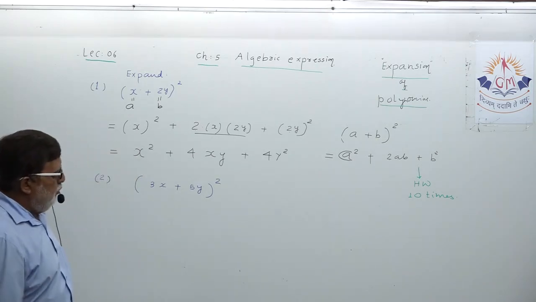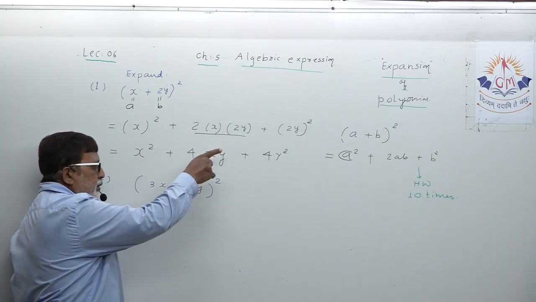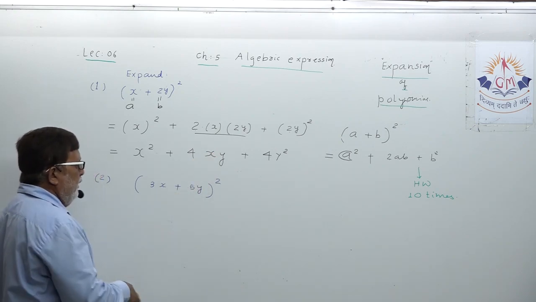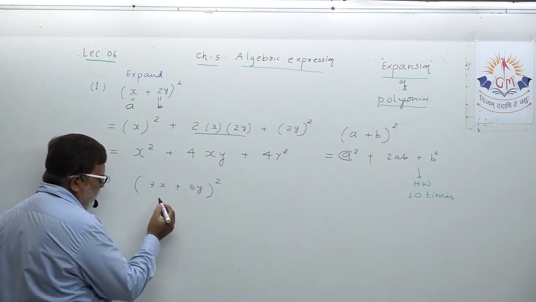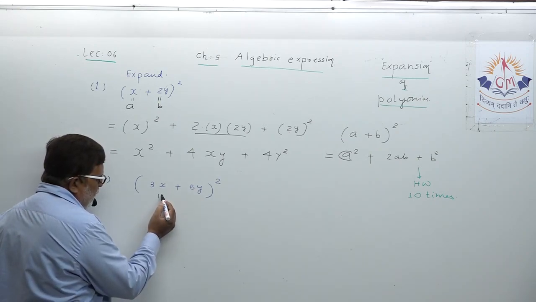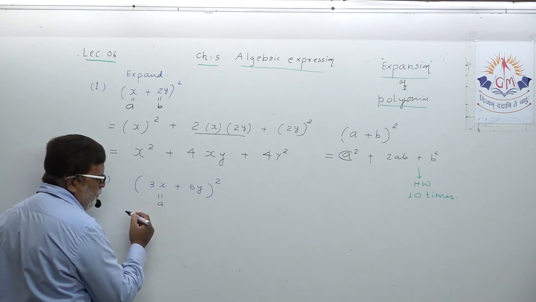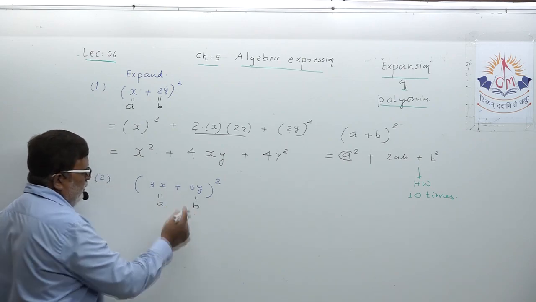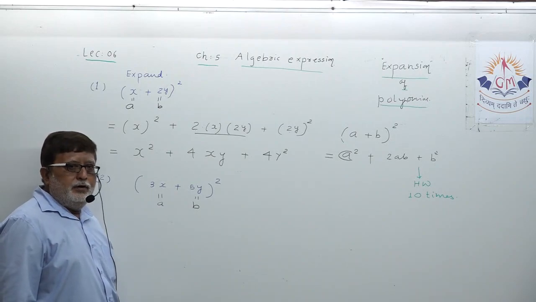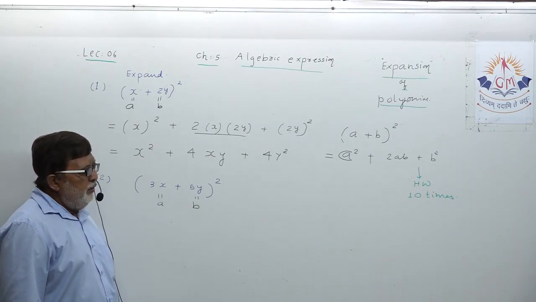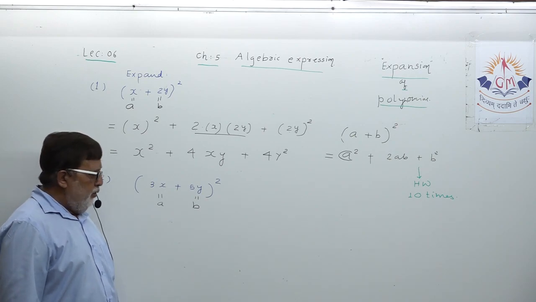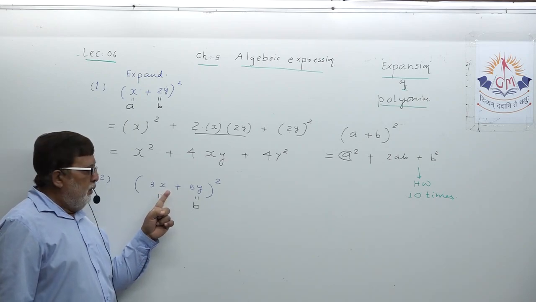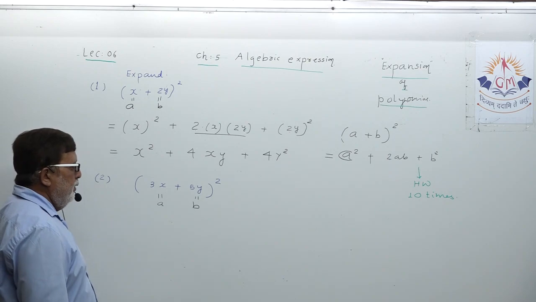What you need to do, just compare with the original format, A plus B whole square. Instead of A we are given 3x, instead of B we are given 5y. Is it clear in your mind? So in the final expansion you have to write in place of A 3x and in place of B 5y.